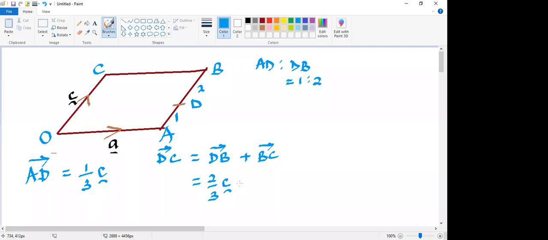And the way I got the C is that AB and OC are equal and parallel. Yes. Then now from B to C, OA and BC are also equal, but from B to C it is going in the negative direction.